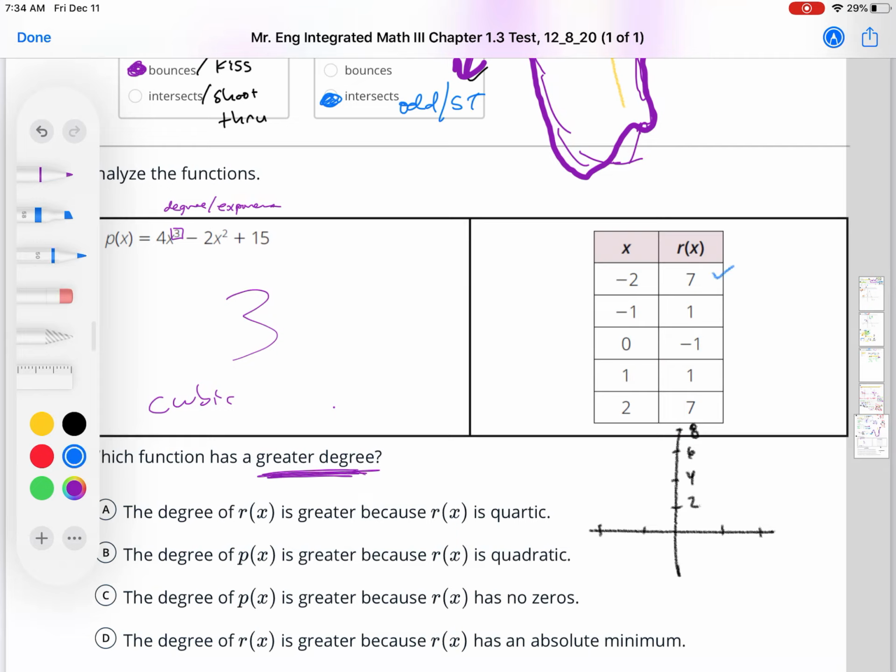And let's just graph this. -2, 7. Left 2, up 7. -1, 1. 0, -1. No, here. Let's erase that one. And 2, 7. Well, what does that look like, guys? That, my friends, looks like a quadratic.